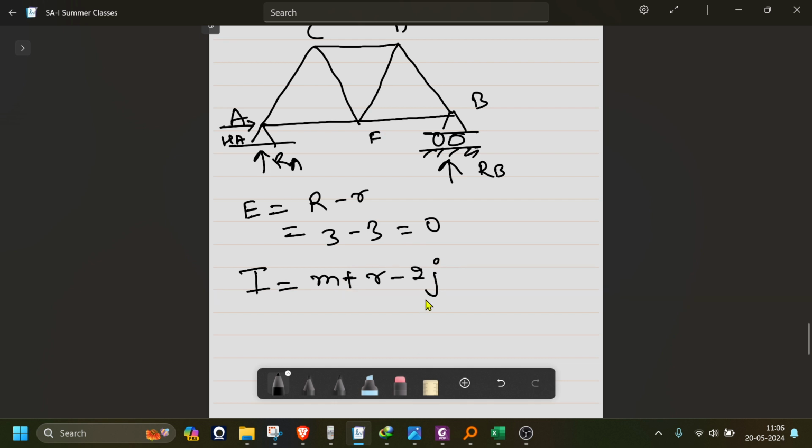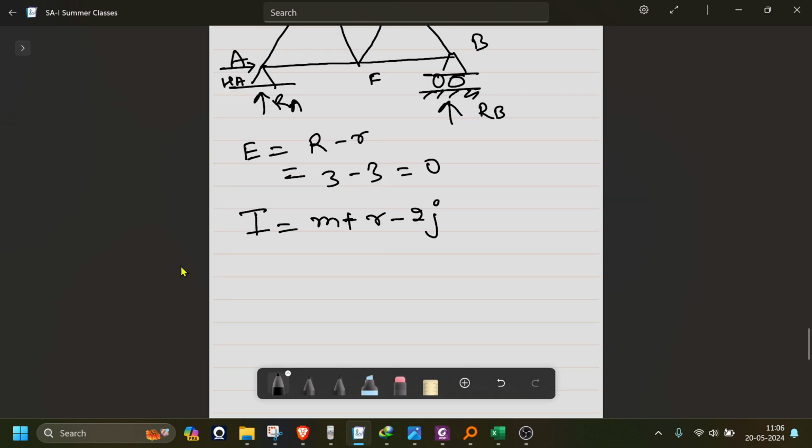So what is m? m is the number of members. r is the number of equilibrium equations.